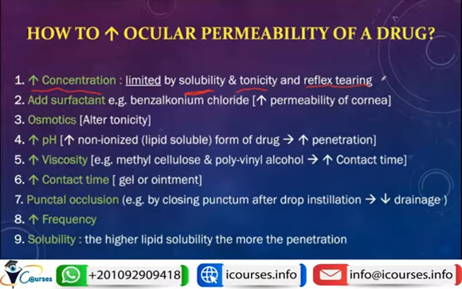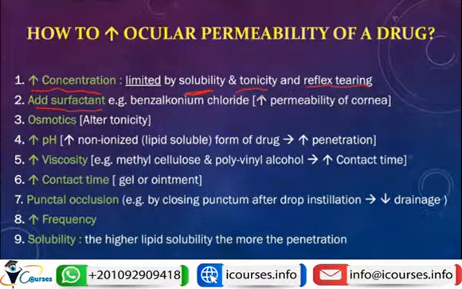Adding a surfactant or what are called the preservatives of the eye, like benzalkonium chloride. Benzalkonium chloride will cause a break in the epithelium, increasing the permeability of the drug to the cornea.